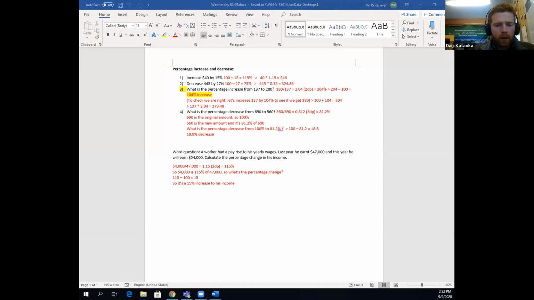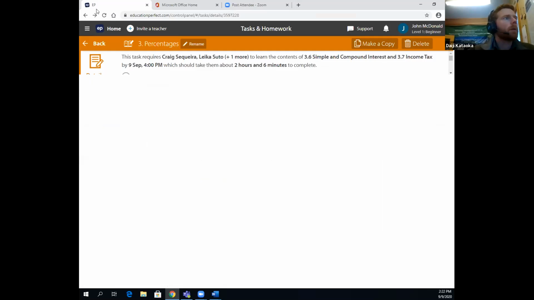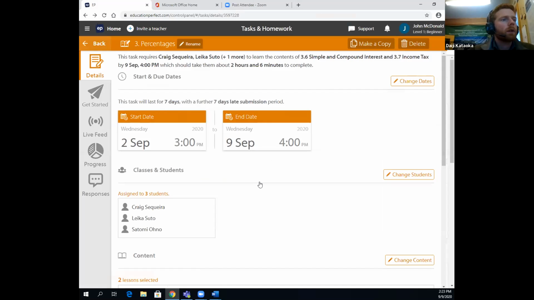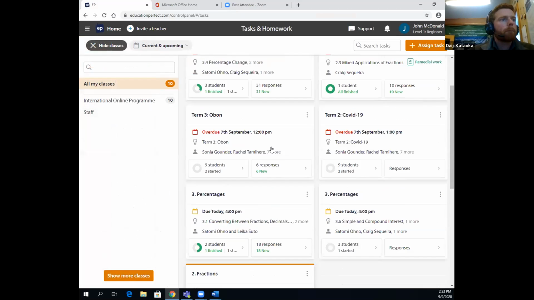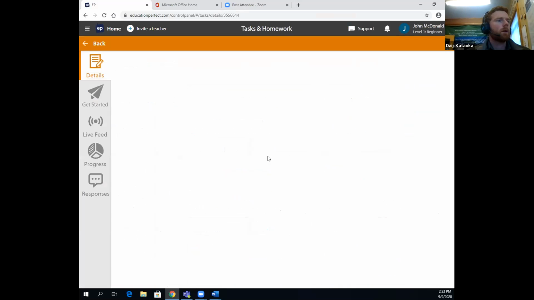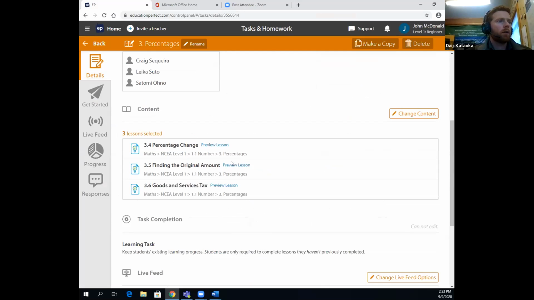Okay, so next that we were learning about was, I'm just going to pull up Education Perfect and have a look at this. Percentage change, finding the original.